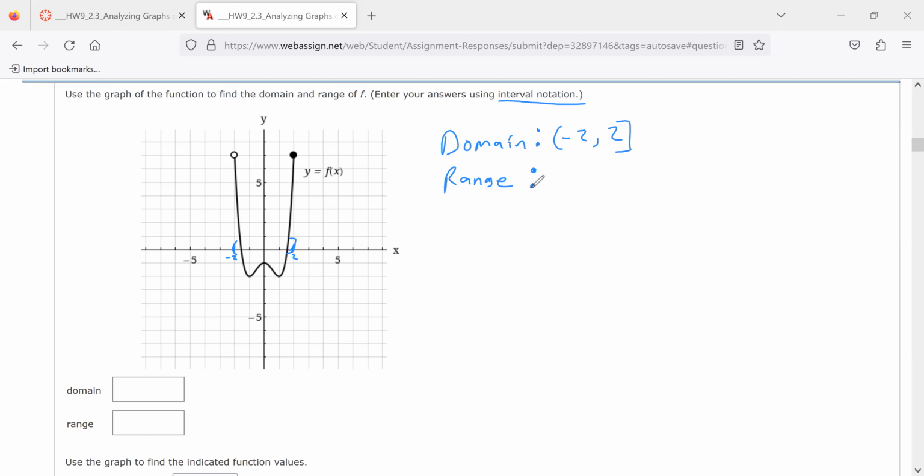All right, range. What is the lowest Y value and highest Y value? Yeah, it looks like -2, right? Right here. 7.